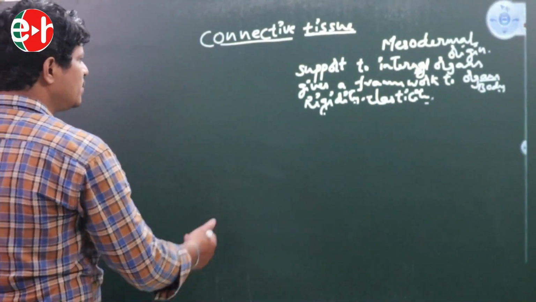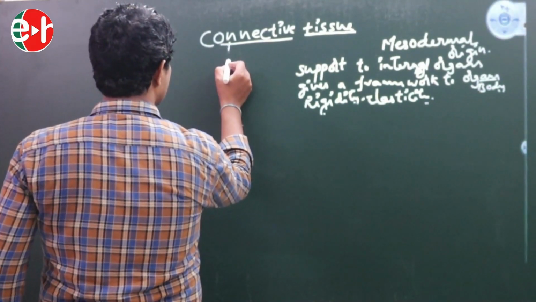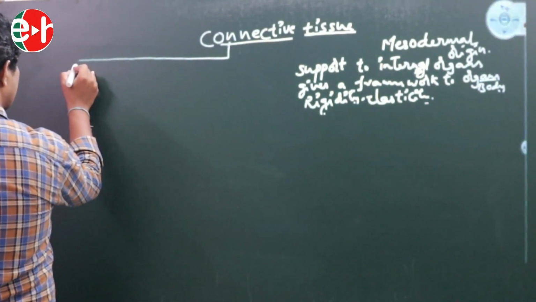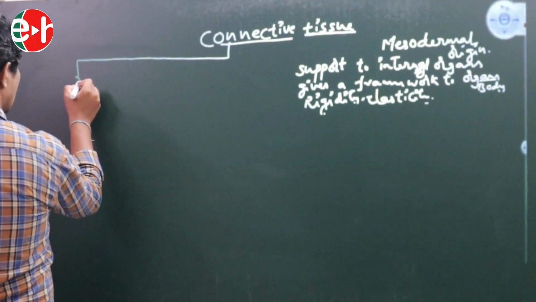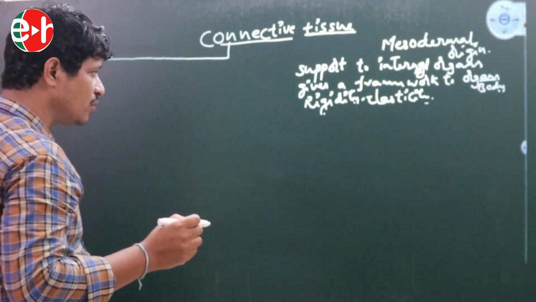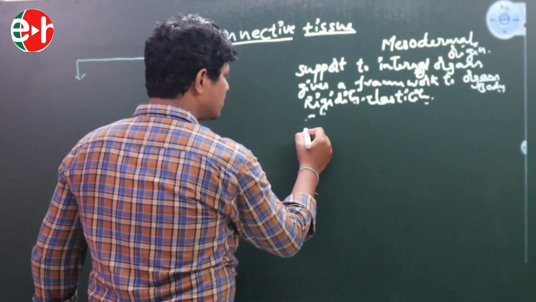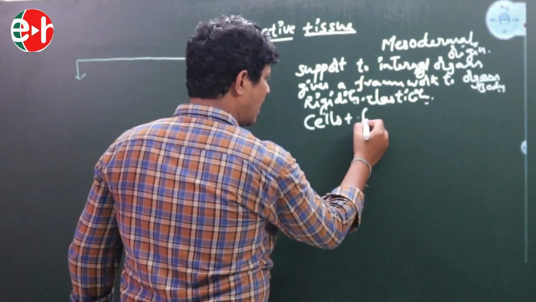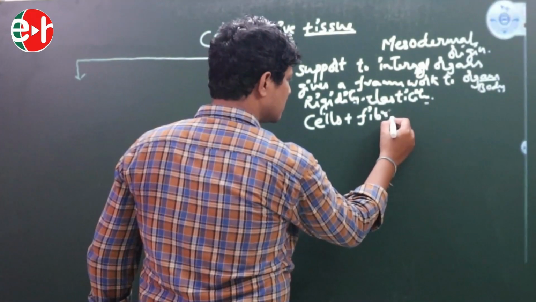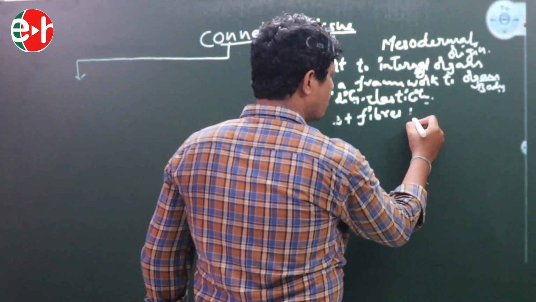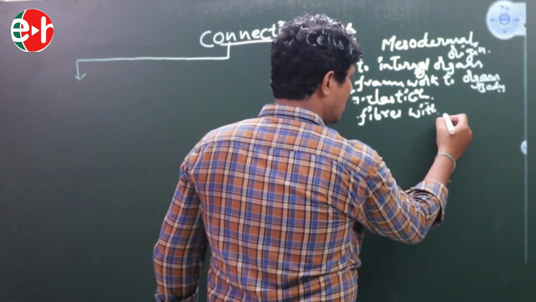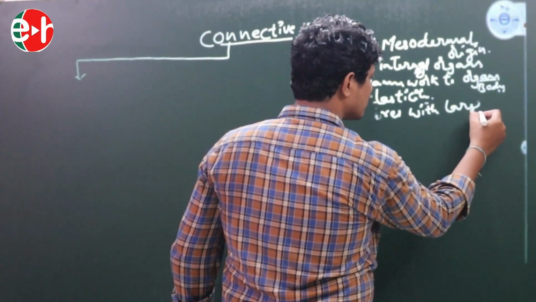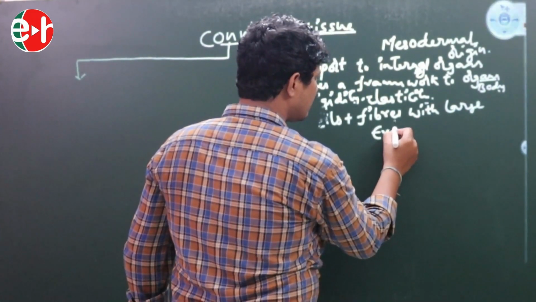Now we are going to discuss the connective tissue. Here is one more point. The connective tissue contains so many cells and fibers with a large extracellular matrix.